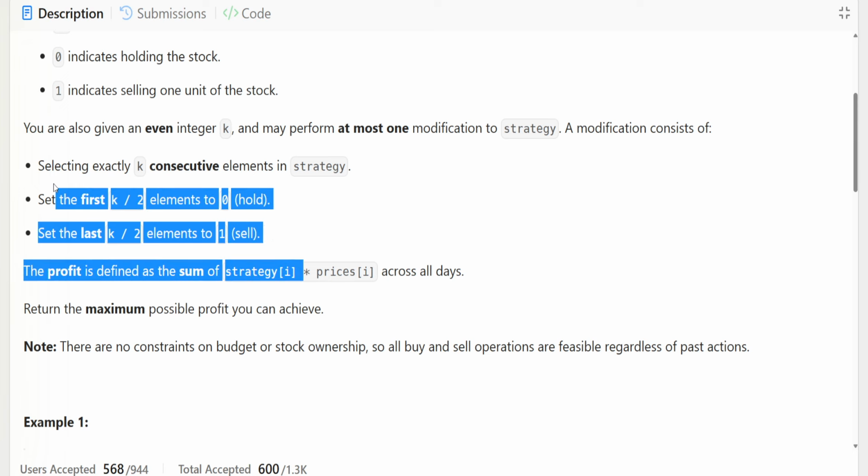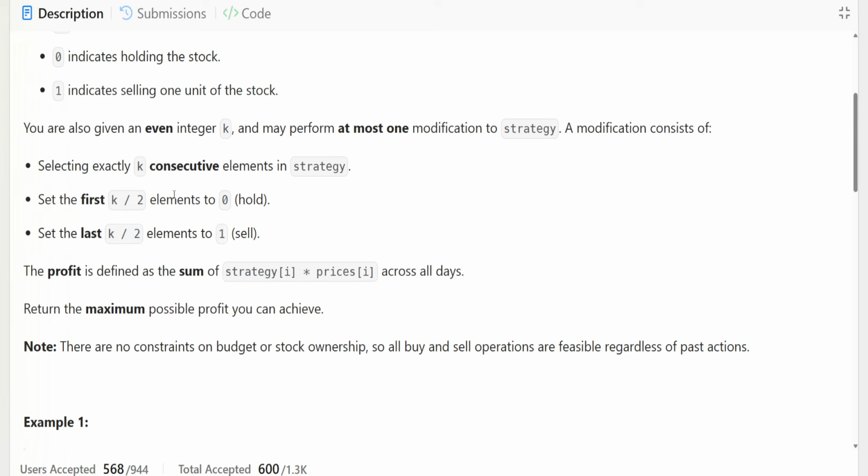So these two things we are saying, right? Very first, what I told you, we have to choose at most one contiguous subarray of length k, where k is even. That's why we divide it in two parts for hold and sell. So first k by 2 elements will be 0, and last k by 2 elements will be sell.